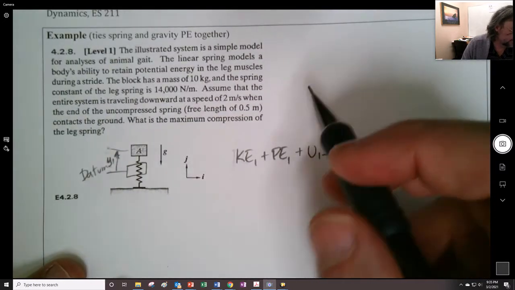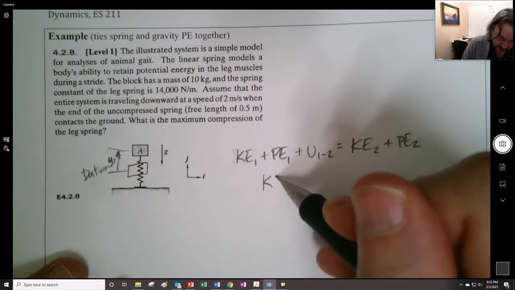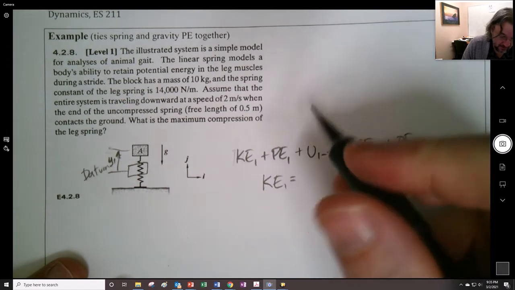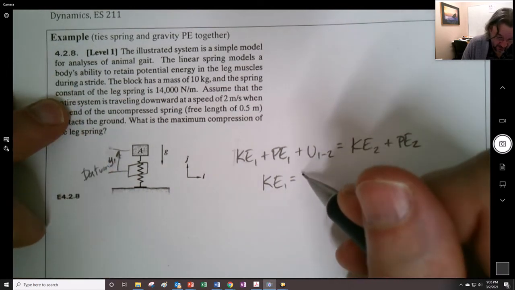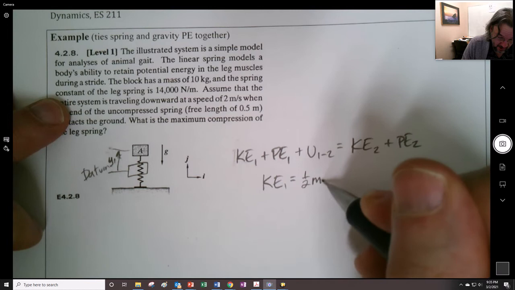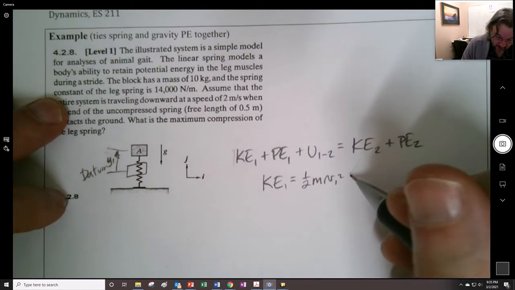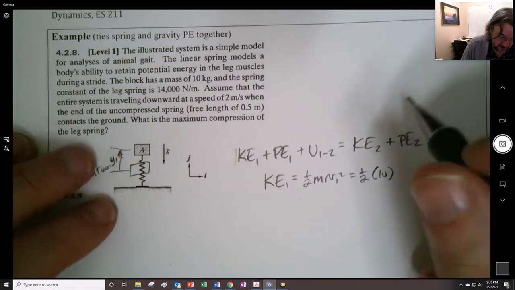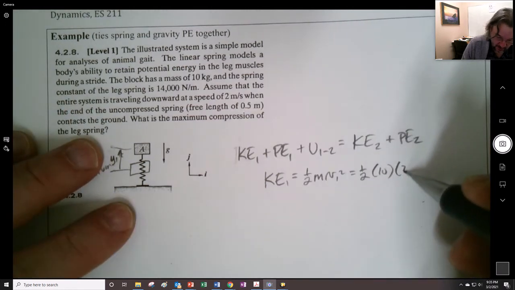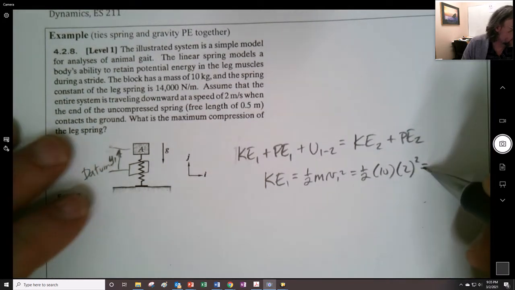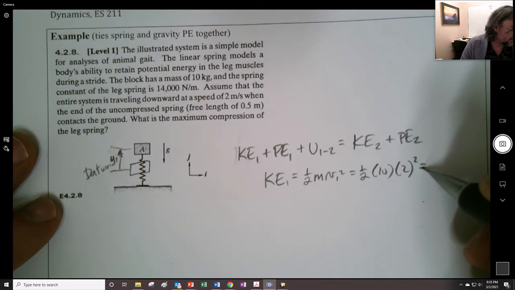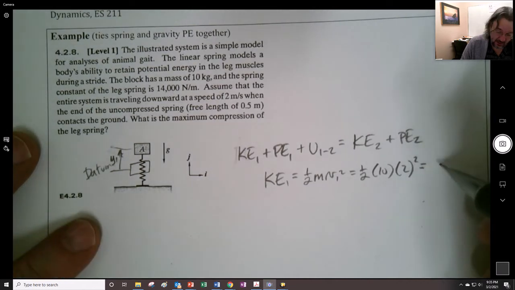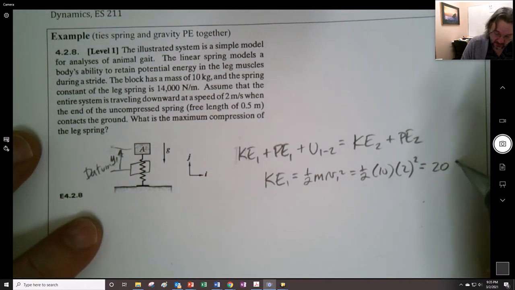That's all I'm saying. So the kinetic energy in the beginning of the thing, okay, well, it's moving downward right here. So 1/2 mv1 squared. So 1/2 times 10 times the velocity of 2 meters per second squared. And we can actually find out this value. I think it's equal to 20.